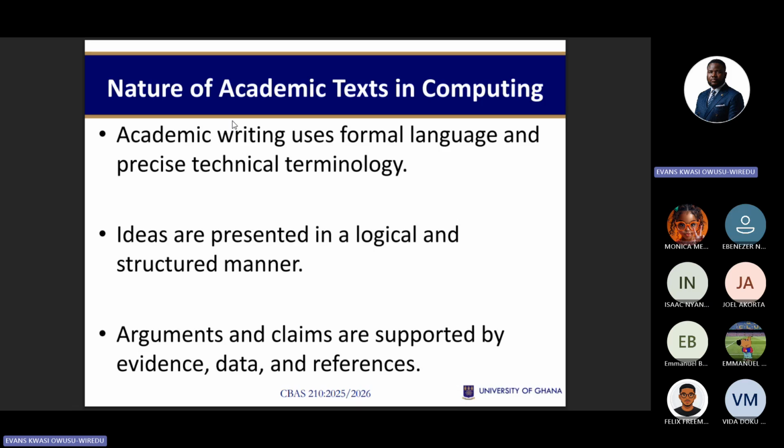So the way you present them and so on is also one thing to look at in academic text, because it is a nature of it. You get it? It needs to be presented in a very logical and structured manner. It needs to make sense, okay, and needs to follow a certain procedure.